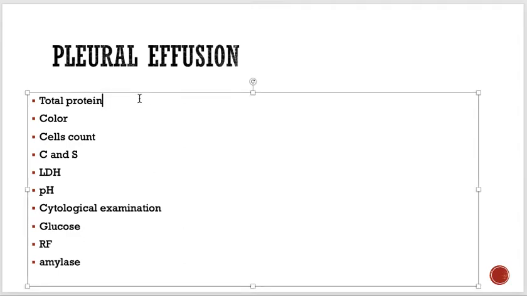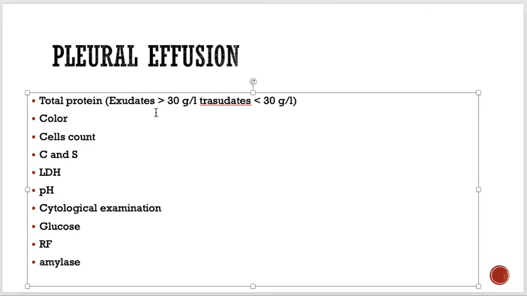Why I'm mentioning these things is because the first thing we check in pleural effusion is the protein content. For example, in exudates, the protein level is equal to or more than 30 gram per liter. And in transudates, it is mostly less than 30 gram per liter.